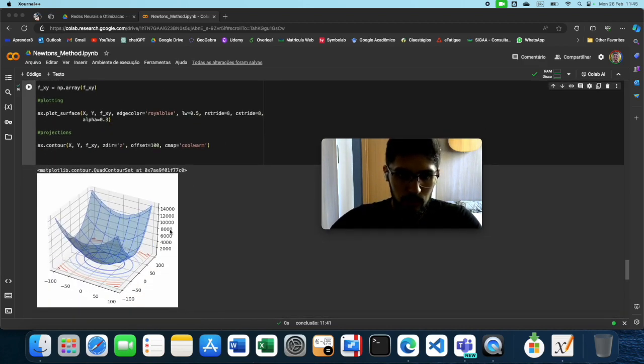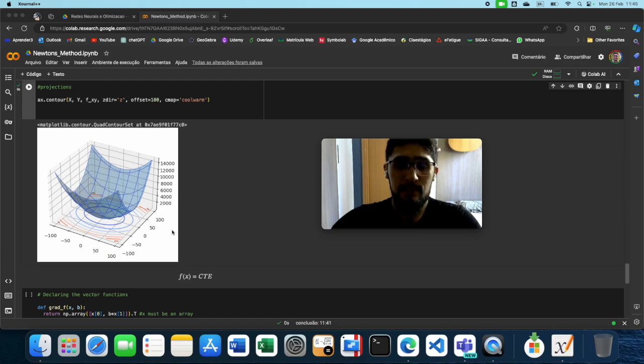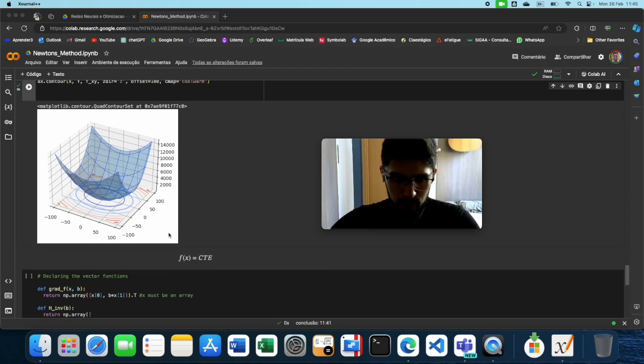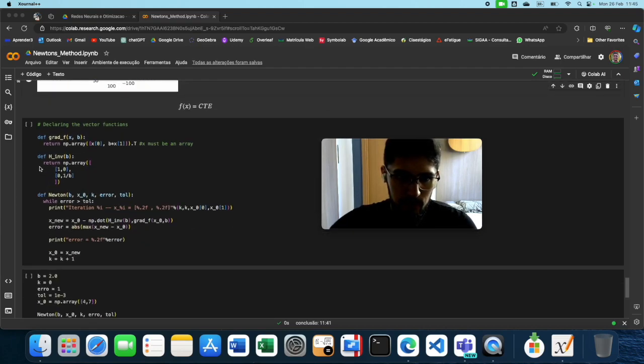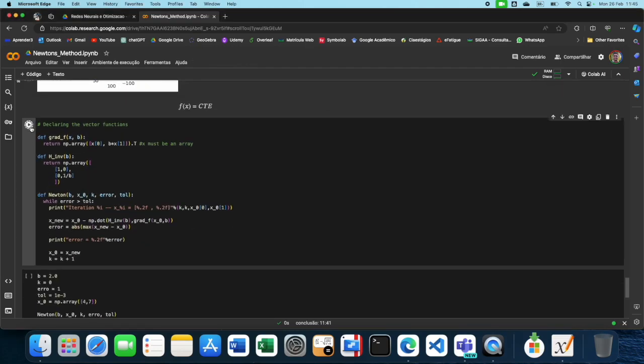Okay, so let's see in practice. Let's implement this code first to see if the method finds the right answer. So here I did the same again. I declared the functions. I implemented the gradient of f, the Hessian, which is now a matrix because it's a two-dimensional function, and Newton's method.